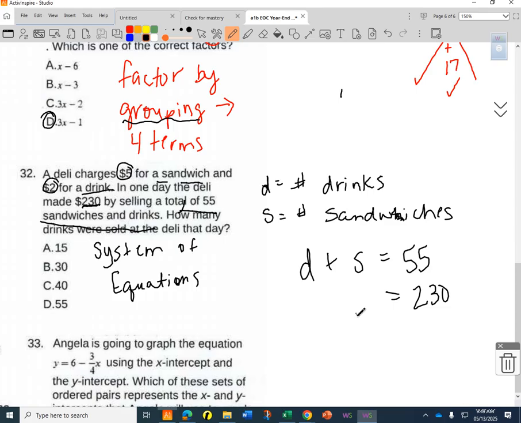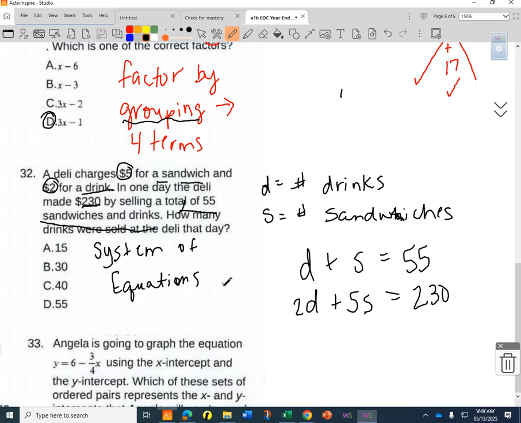We did 5 times the number of 2, right? If we don't know the number, then we use the variables we picked for that. So the drinks are $2, so 2 times the number of drinks plus $5 times the number of sandwiches equals altogether $230. That make sense?